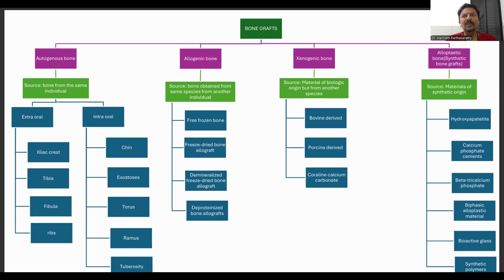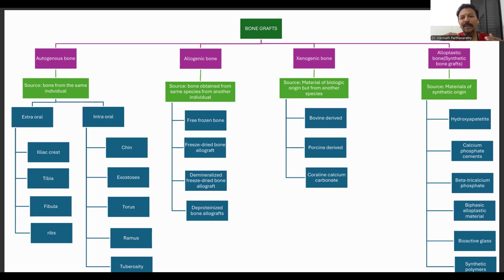So if you're going to do any sinus grafting procedures, the best choice will be FDBA and not DFDBA, because it stays for a long time. Sinus is a relatively less vascular zone, so we need a material which can stay for a substantial period of time, which matches the remodeling phase or osteogenic potential of that surgical site.